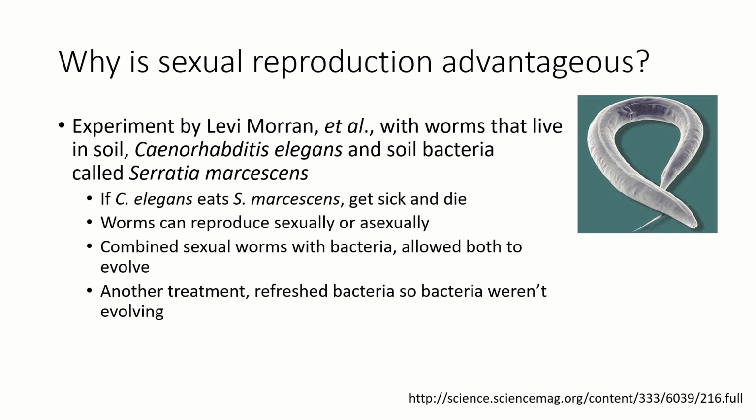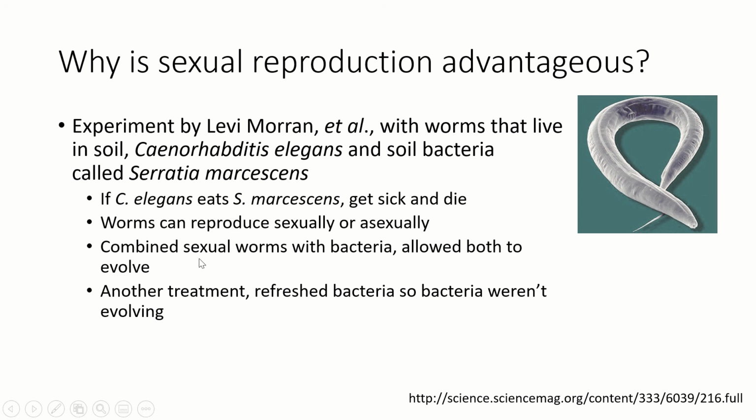They can just create a clone of themselves. So this group, Morran et al., did this study where they combined sexually reproducing worms with this bacteria and asexually reproducing worms with the bacteria. And they let them live for several generations to see what would happen.